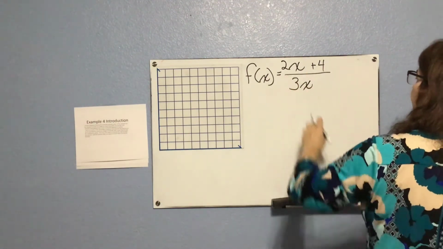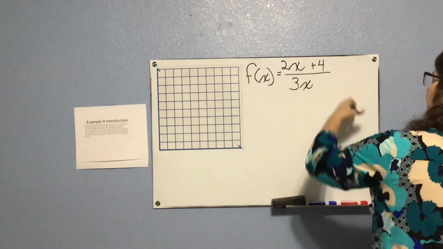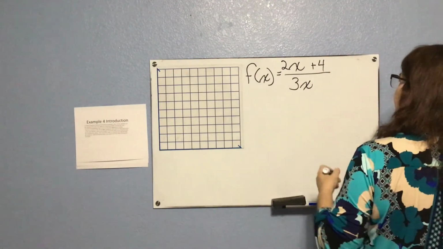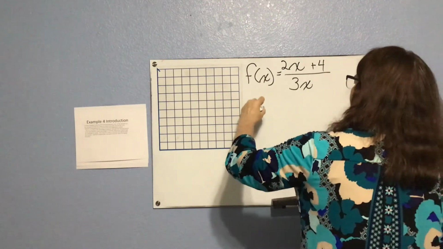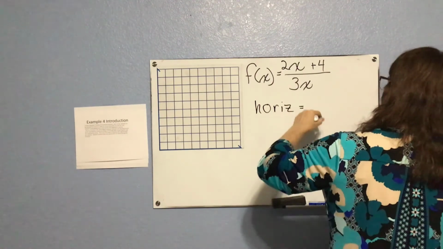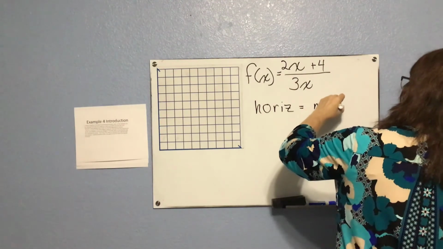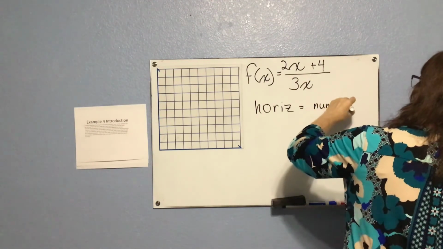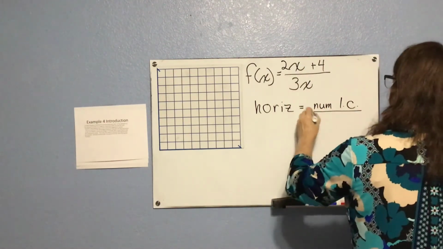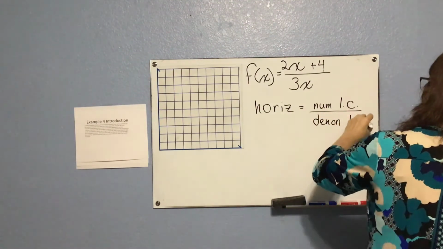If I have an x and an x, as x gets very large, this constant term tends to be insignificant, and so my horizontal asymptote is equal to the numerator leading coefficient, which is the coefficient of the highest power of x, divided by the denominator leading coefficient.